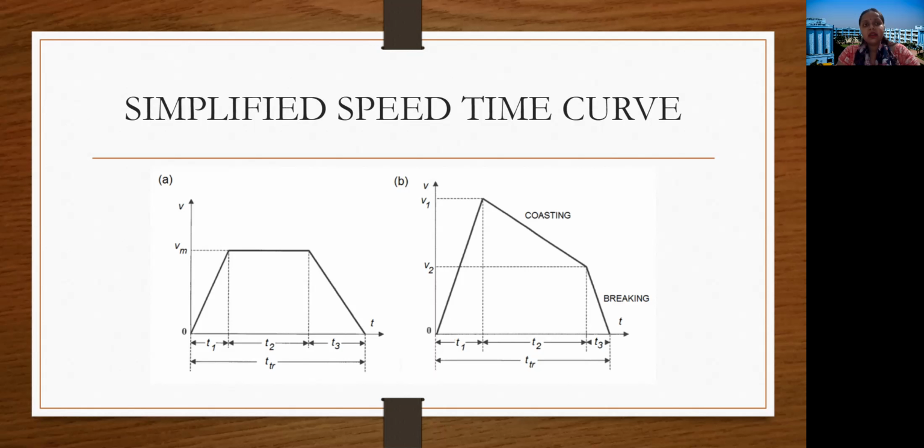Will their total acceleration period, coasting period, braking period, whatever it may be, free running period of course, be the same for both of them? No. Why? Because the distance is not the same for both of them.